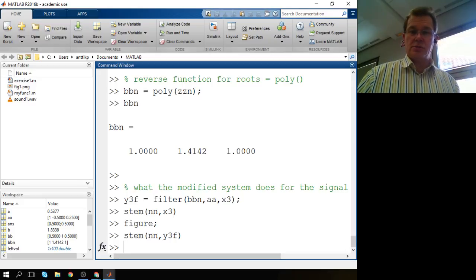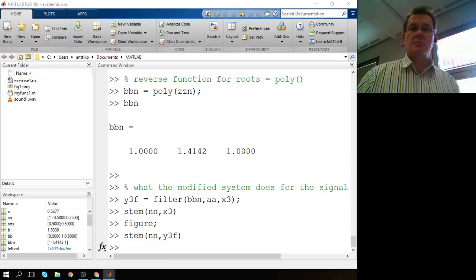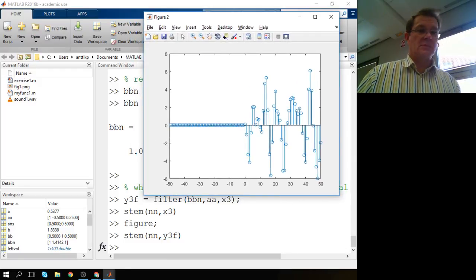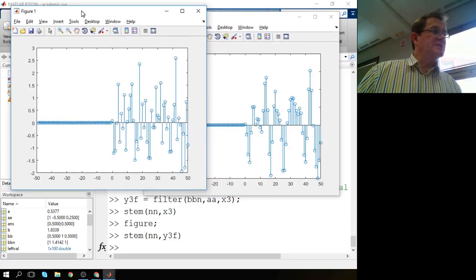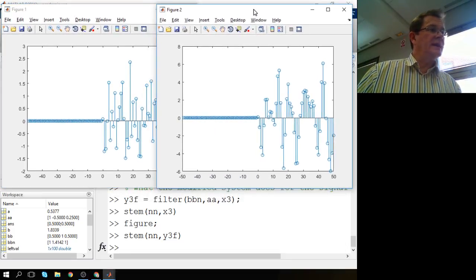Where's my picture? Input signal and output signal.